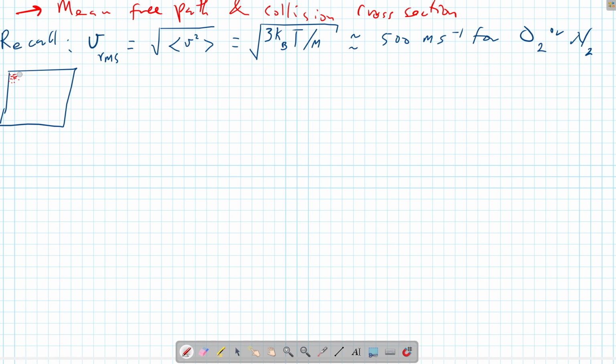It's not like releasing a particle with this speed to move freely. It encounters other molecules along its way. They collide with each other, and that prevents the molecule from reaching the other corner of the room instantaneously. So how do we measure this?